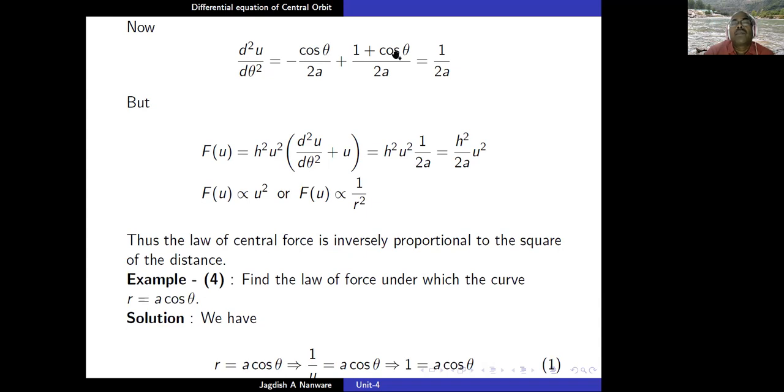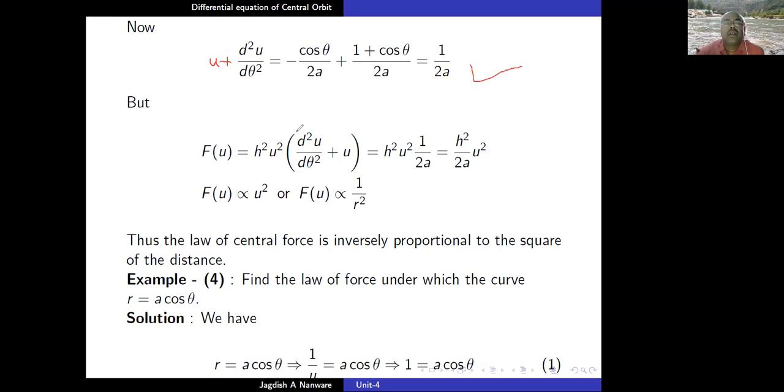So minus cos theta plus cos theta is 0. And we have in the numerator only 1. So d2u by d theta square plus u, this is there. I can write for your understanding purpose. So this is u plus this second derivative, and this is equal to 1 upon 2a.